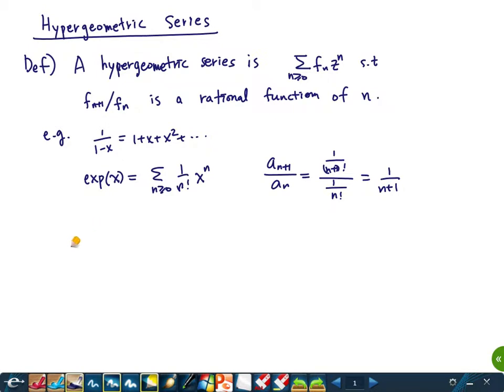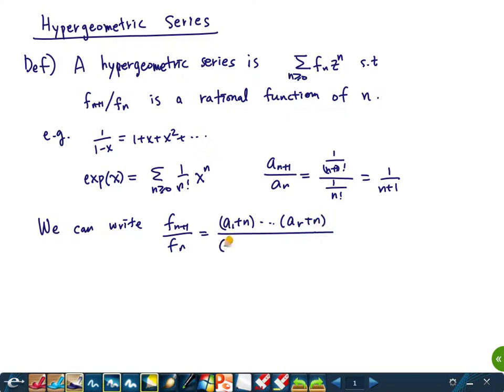Okay, and there is a standard way to write a hypergeometric series. This is the well-known notation. Because the ratio is a rational function, we can factor the numerator and denominator. The numerator and the denominator are polynomials in n, so we can write it as a1 plus n, a2 plus n, up to ar plus n, over b1 plus n, up to bs plus n.